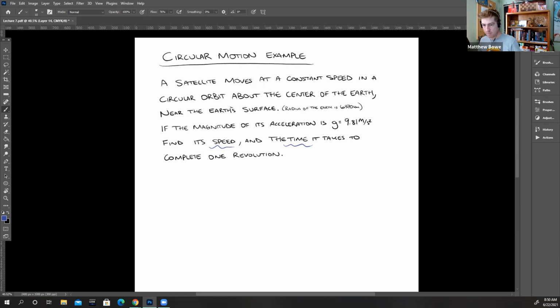All right. Like always, I start out with a picture, and I clearly label what's happening. So the satellite is moving. At this briefest moment, it's moving directly that way. But it's also being accelerated downward towards the center of the Earth.